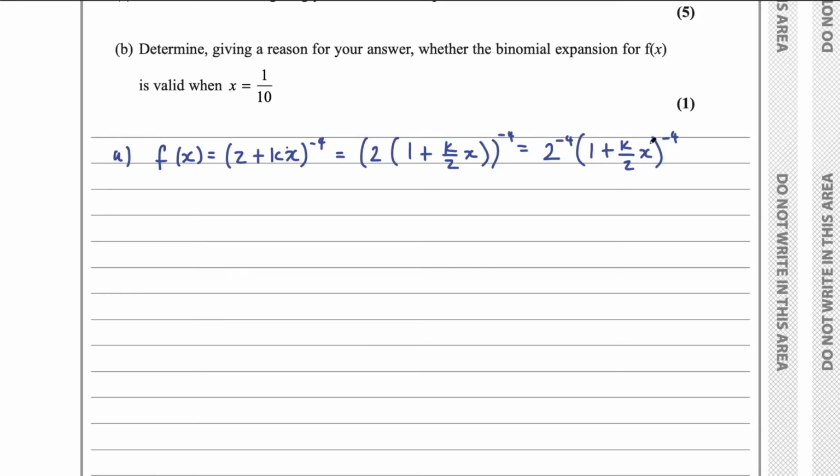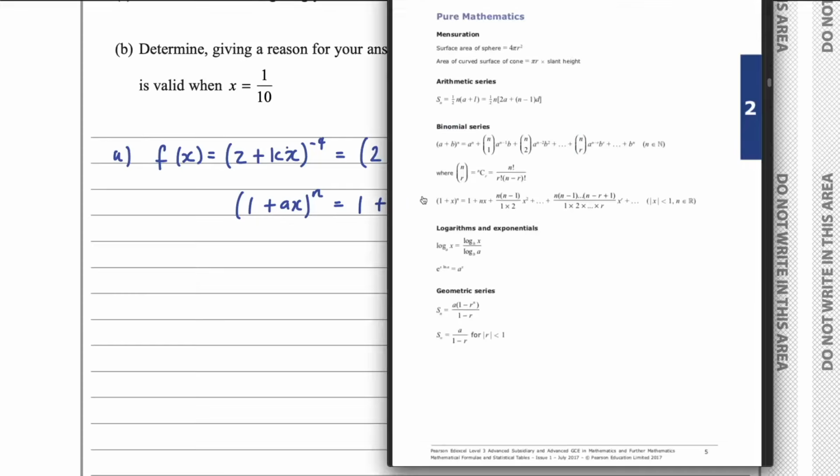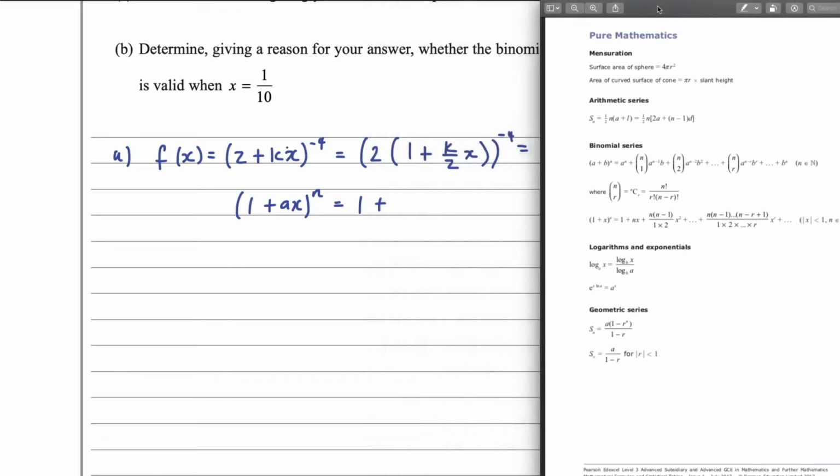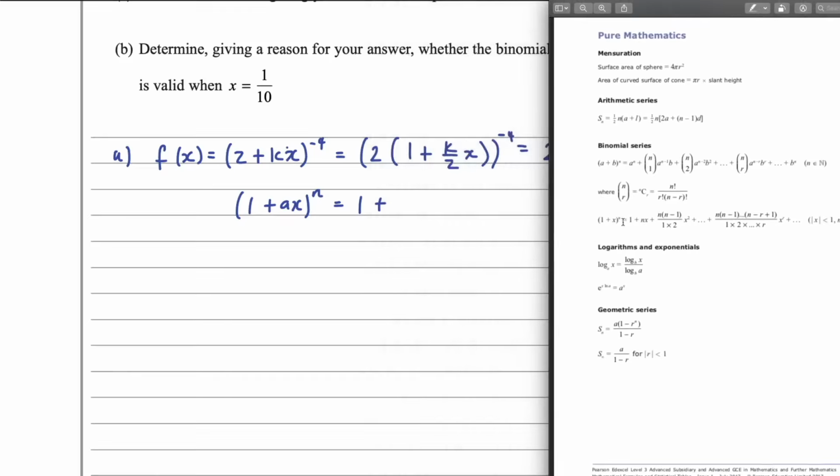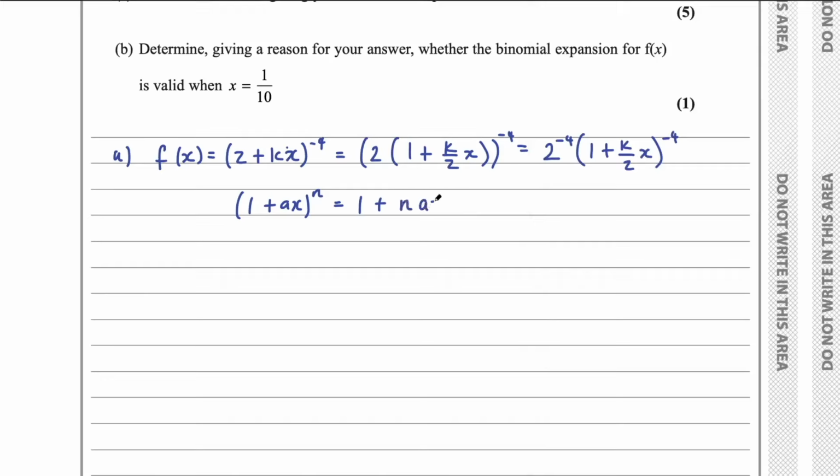Then we want to perform this expansion on this part of the expression, so this 1 plus k on 2x. First, I'm going to write down that formula. It looks like this in a more simplified version, if you like. So we can have 1 plus ax to the power of n, and this will equal 1 plus... Now, I also kind of want to decode this formula in the booklet, so when you pull this out, you can sort of decode it yourself as well. Again, it doesn't have that coefficient, but when we have nx, we can just write that as nax.